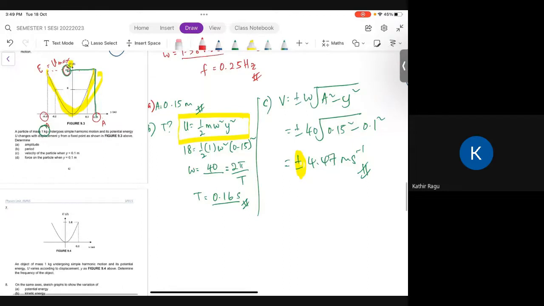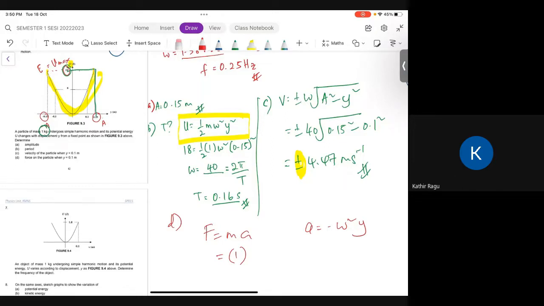Okay, question number D. They ask you to calculate force. Apa formula force? Force equals to MA. Itu je yang saya tahu. Kalau saya jadi awak saya tahu itu je. F equals to MA. Okay. M mana tak? Ada 1 kilo. Macam mana cari A? A apa yang dia experience? Yes, A yang dia experience adalah negative omega squared Y. Ini adalah restoring force.